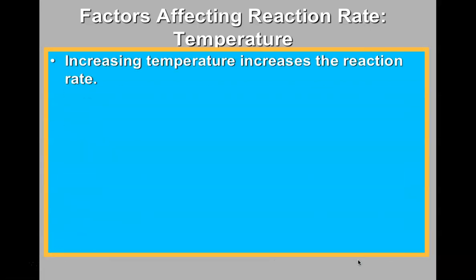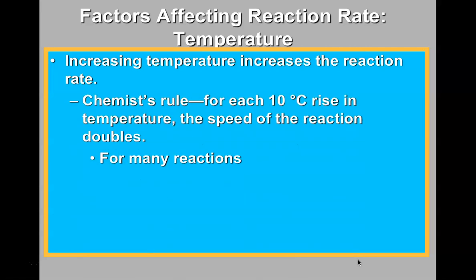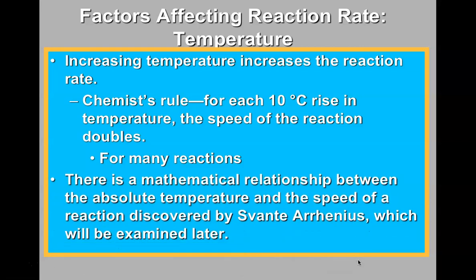Temperature: increased temperature should increase the reaction rate. Things move around faster, are more likely to make collisions, and they're going to react. Kind of a chemist's rule of thumb: every 10-degree increase in temperature usually doubles the reaction rate. This is not a question you're going to see on the AP exam, but it's a good thing to know. Again, for many reactions, I've seen it a lot in organic chemistry more than inorganic chemistry, which is what we're doing.